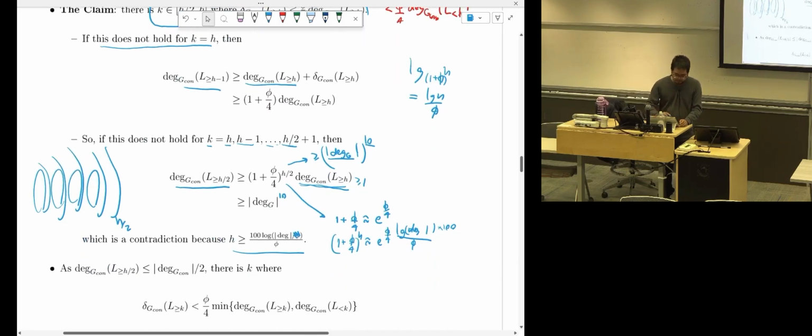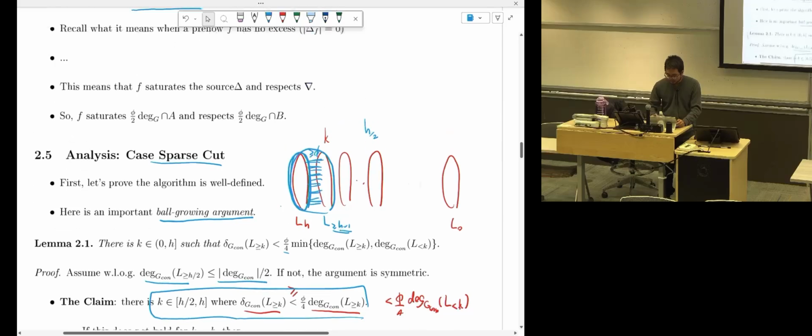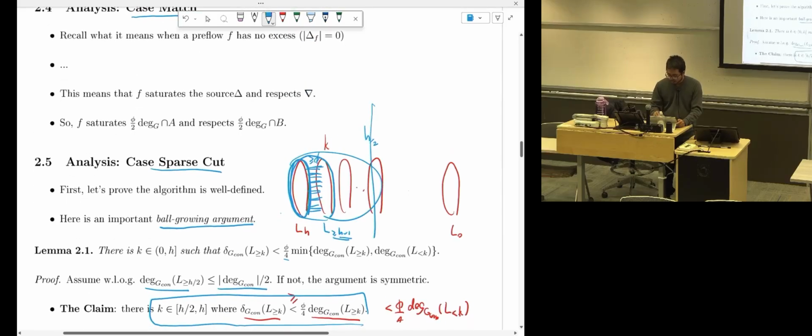And we assumed before that this is the smaller side. So if it's sparse with respect to the volume here, it's going to be sparse with respect to the volume here too. So we are done with this. Okay. There indeed exists some cut in G-con that is sparse.